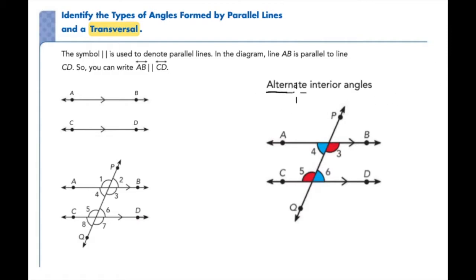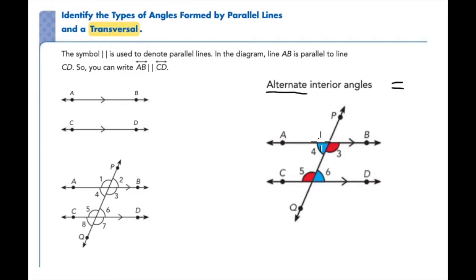And when we talk about alternate, we're meaning opposite sides. So if you look at angles 4 and 6 highlighted in blue, those are alternate interior because they're on the opposite sides of the transversal and they are between the parallel lines. These angles, alternate interior angles, they are congruent, so they are equal to each other.